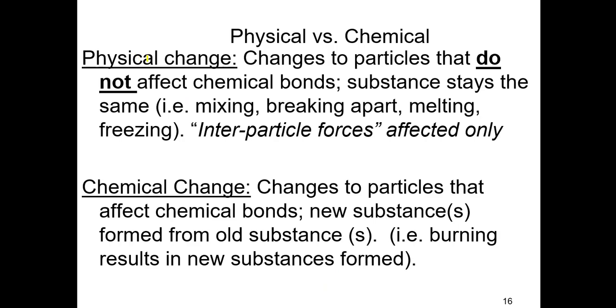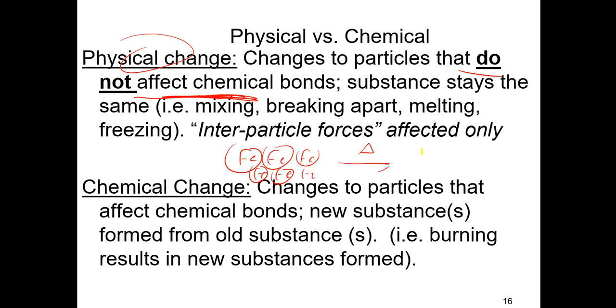Physical changes are changes to particles that do not affect chemical bonds. So any change that doesn't affect them. So for example, here I have solid iron. I'm then going to heat it up, and now I heated it up so much that I turned iron into a gas.